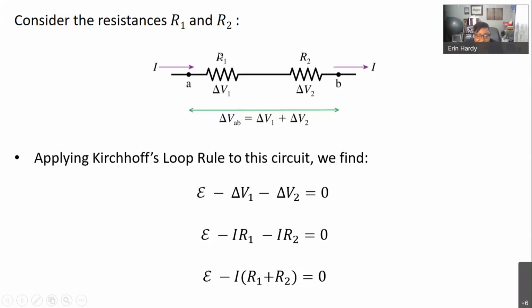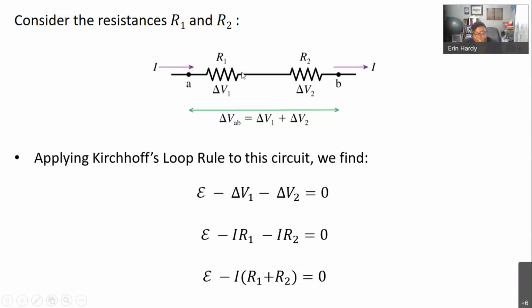Then I have a negative delta V across resistor 1, another negative delta V across resistor 2. And once we get back to our starting point in the circuit, we are going to have a total delta V of 0. So in other words, we have traced through one complete loop, no more, no less, so that we know that these three delta V's add up to 0.